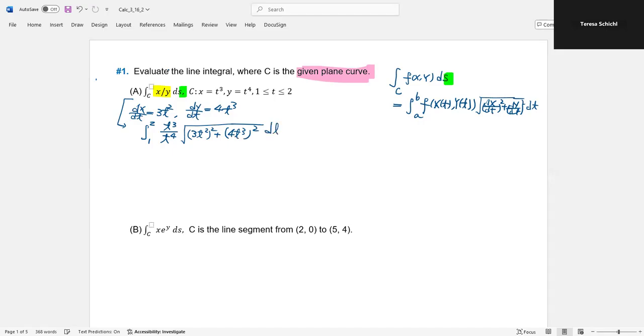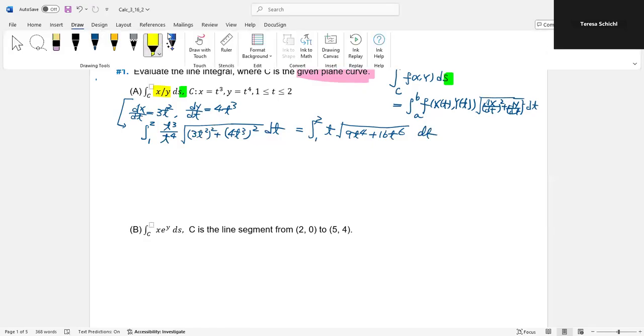Now I integrate dt. If you simplify a little bit, from 1 to 2, this is t, and the inside will be 9t to the 4th plus 16t to the 6th, dt.